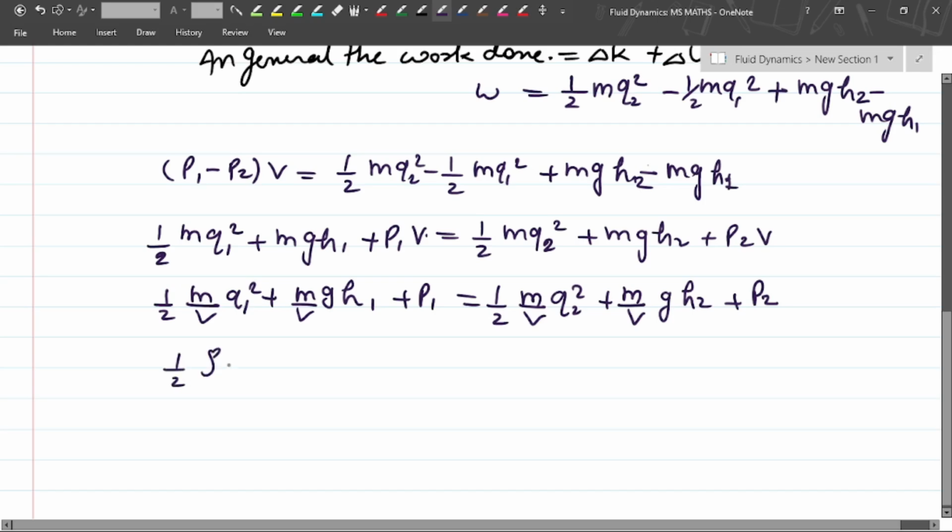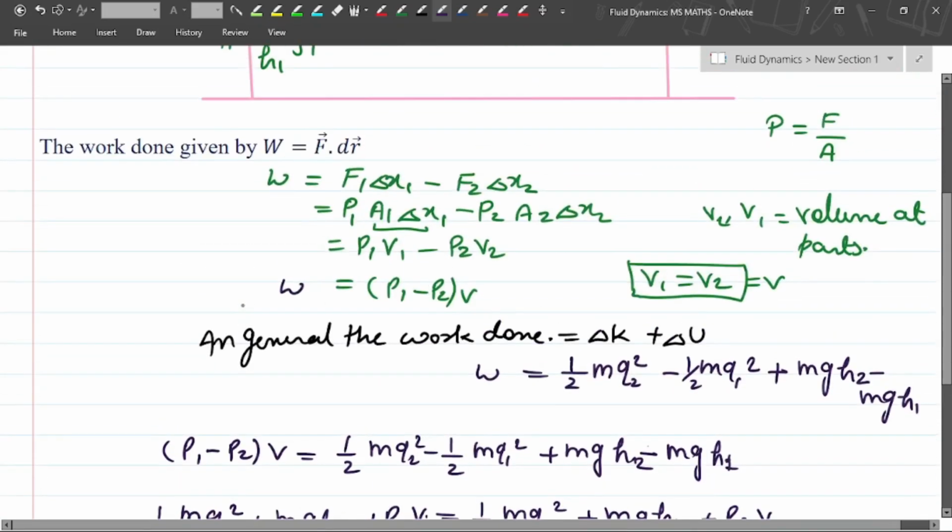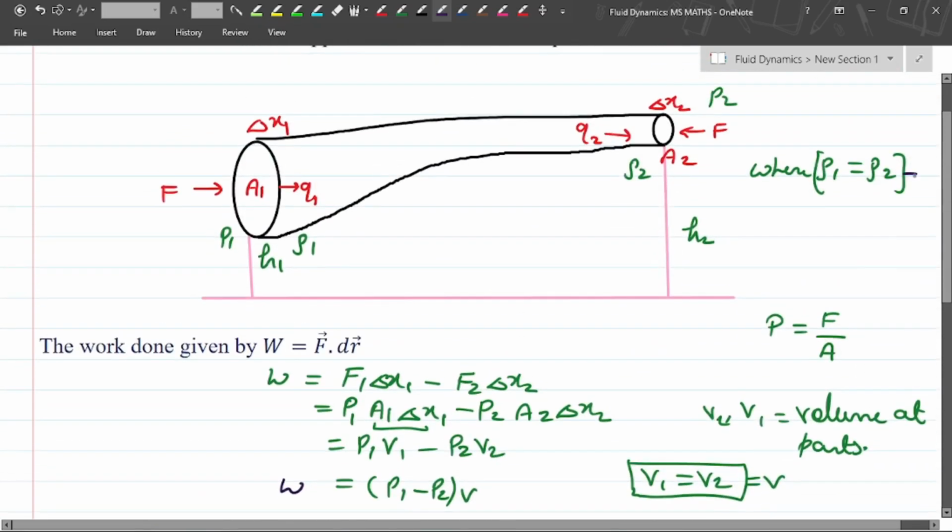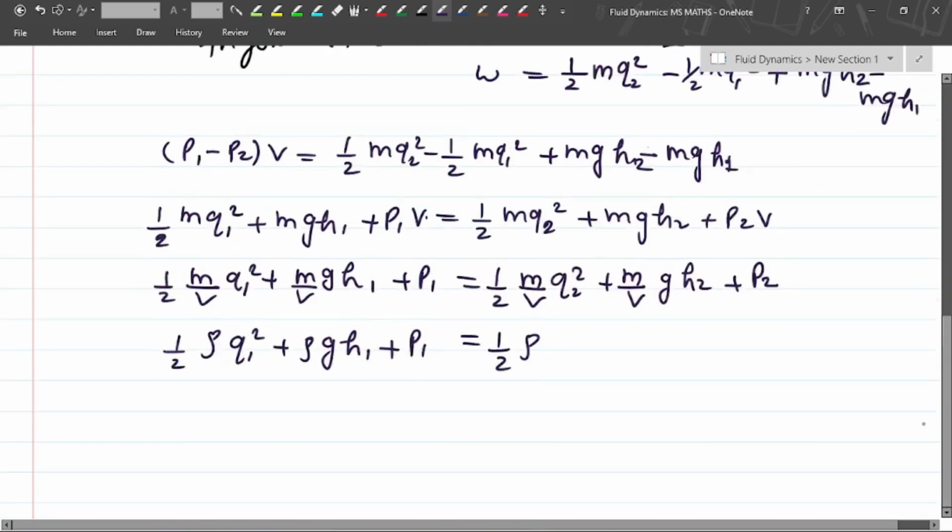So 1 by 2 rho Q1 square plus rho gh1 plus P1 equals 1 by 2 rho Q2 square plus rho gh2 plus P2.